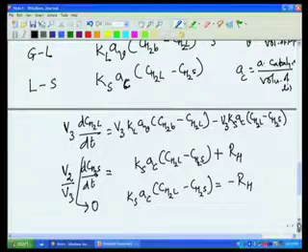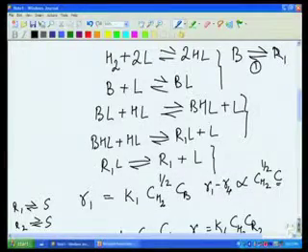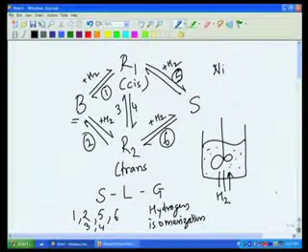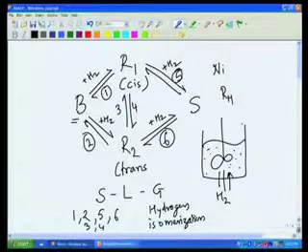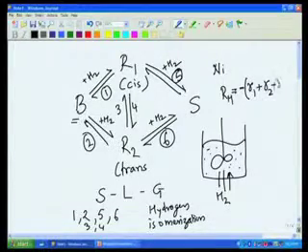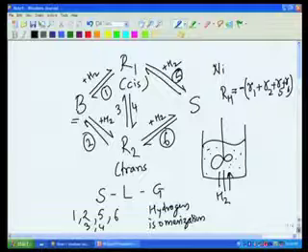Now, what is RH? Remember, if we go back to our reaction scheme, the rate of hydrogen generation, which will of course be consumption in this case, must be minus R1 plus R2 plus R5 plus R6, because reactions R1, R2, R5 and R6 are the reactions in which hydrogen is consumed.